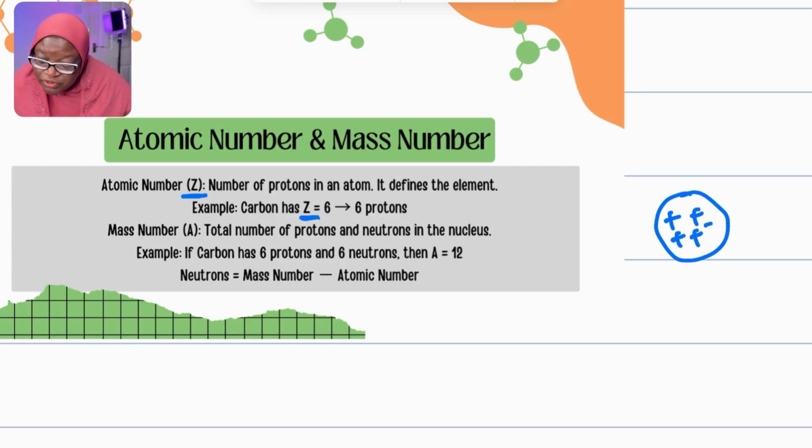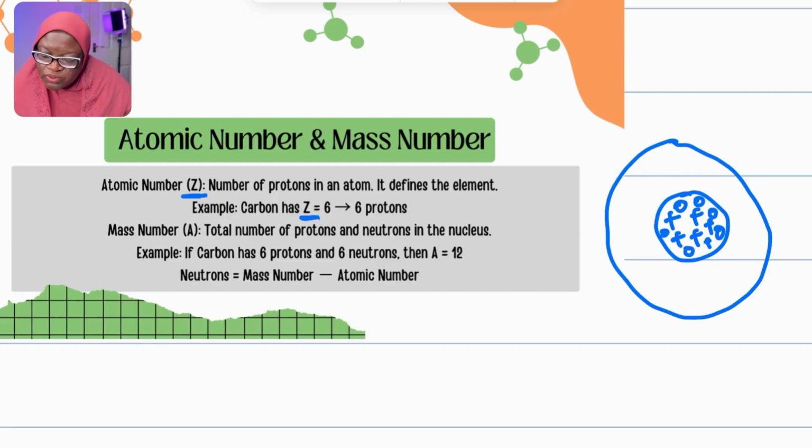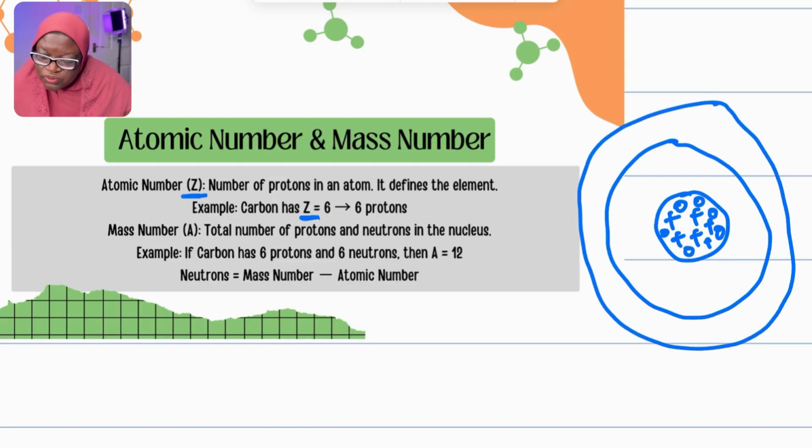And then you have neutrons as well. Neutrons are neutral. And then we're going to have electrons revolving around the nucleus. For carbon, there are 6 electrons as well. So we're going to have 2 in the innermost shell, and 4 electrons in the outer shell.